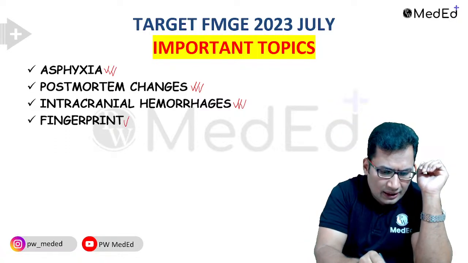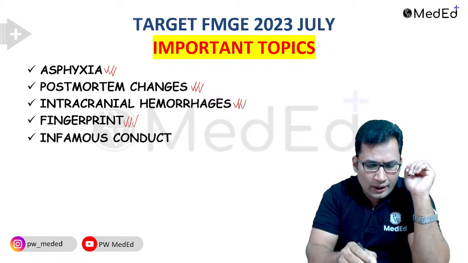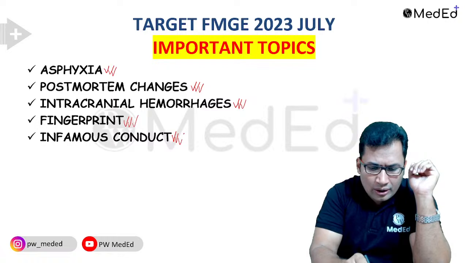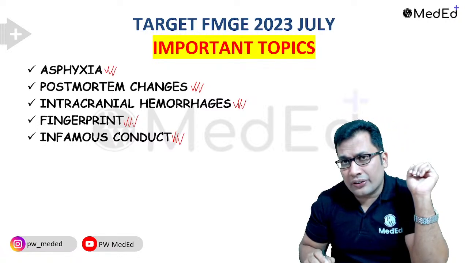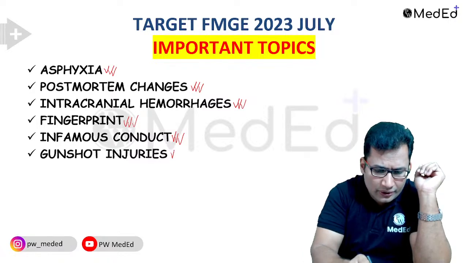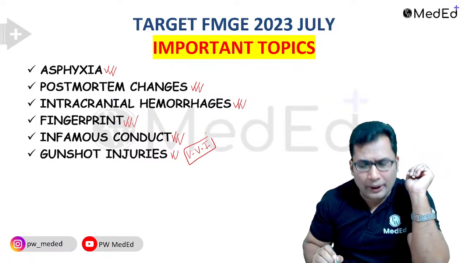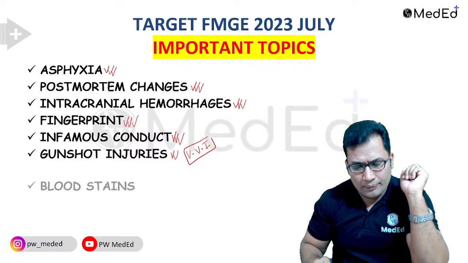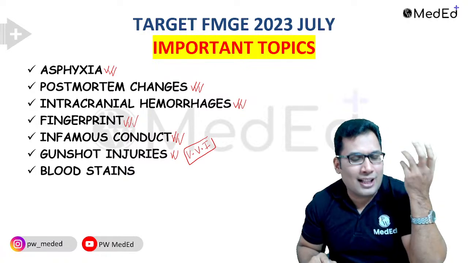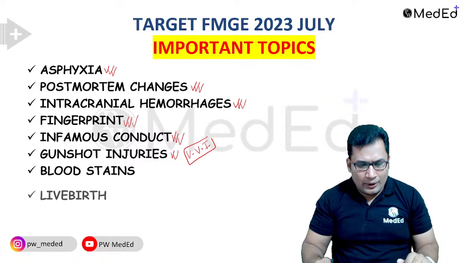Fingerprint, this is last year's question. Infamous conduct and medical negligence. Gunshot injuries, this is very important. Very important topic. Blood stain and seminal stain, they are very commonly asked in the exam.